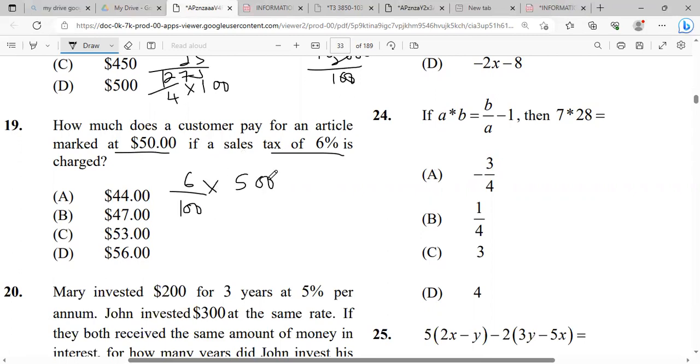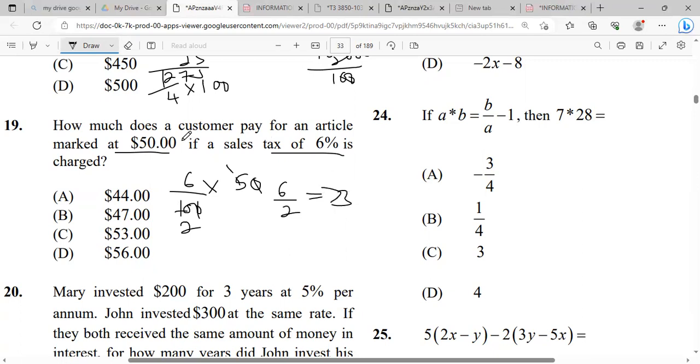I'll take off the zeros, because persons who know 100% will ask where those zeros come from. All right, so 5 into this 1, 5 into this 2. So we have 6/2, which is equivalent to 3. So it's $3 is the tax.